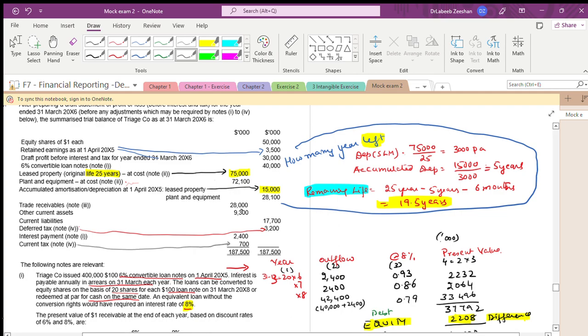See, current tax is on the debit side. If it is on the debit side, it is an under provision.